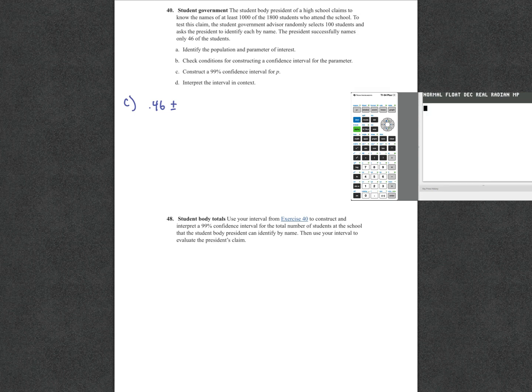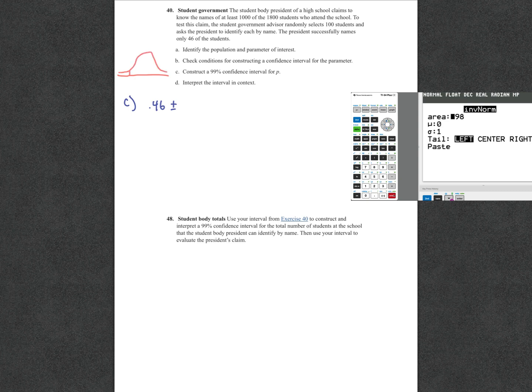So we'll do inverse norm. Actually, let's define that area off to the side every time. Define the area: a normal curve.